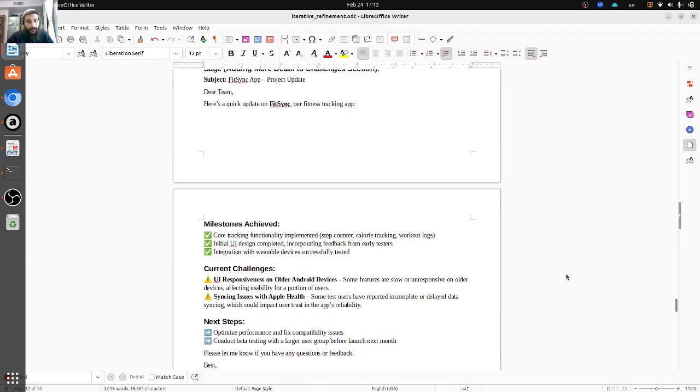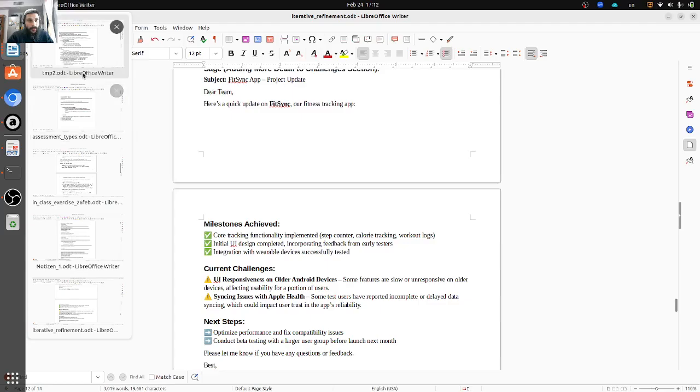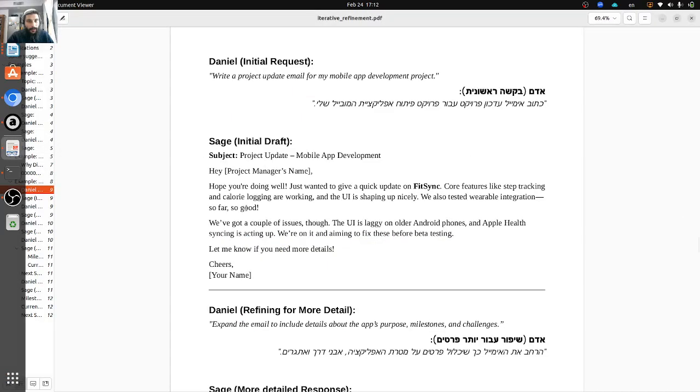If we simply compare this final version here with the initial version of the emails that we see here, it's difficult not to notice the tremendous improvement that we obtained in terms of style, structure, detail, and aesthetics.